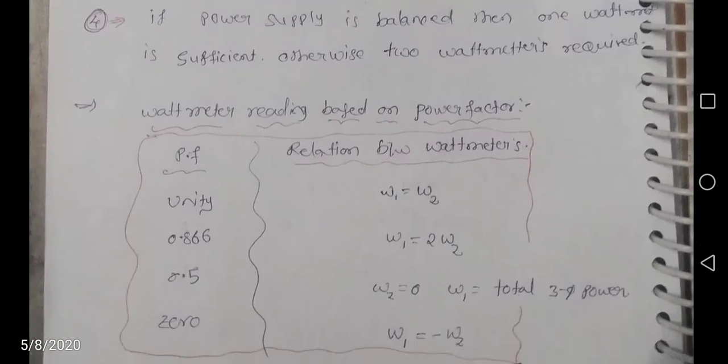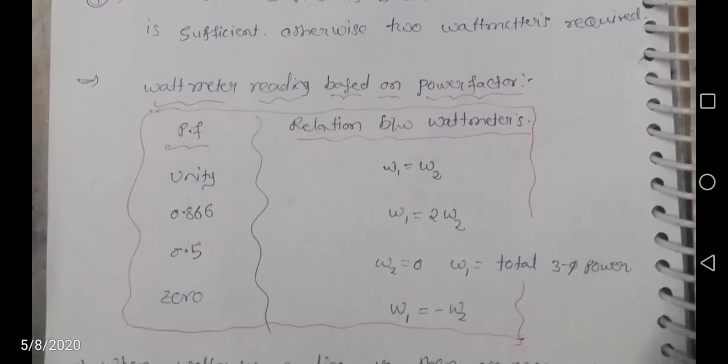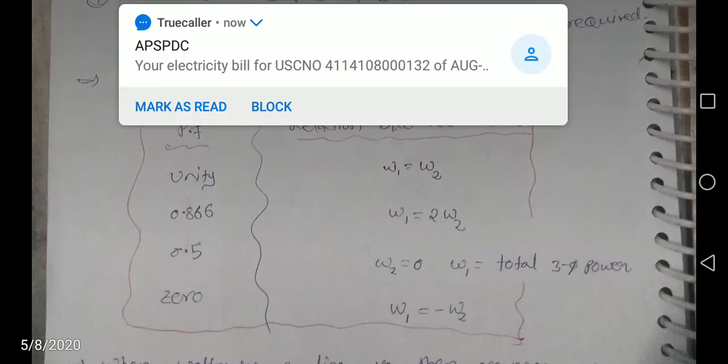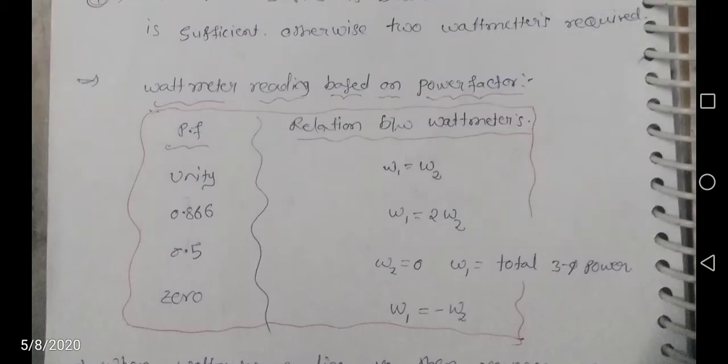Wattmeter reading is based on the power factor. Relation between wattmeters: if wattmeter 1 and wattmeter 2 read equal, then there is a unity power factor.